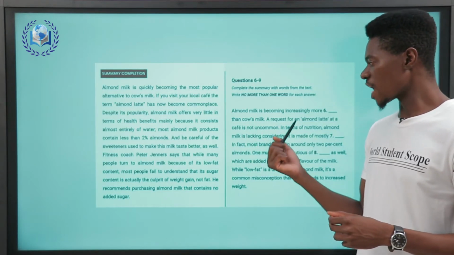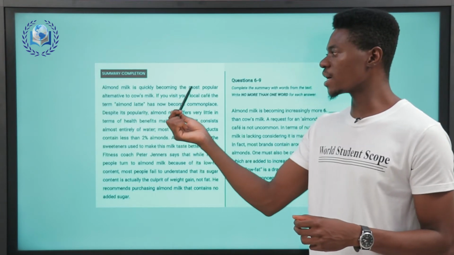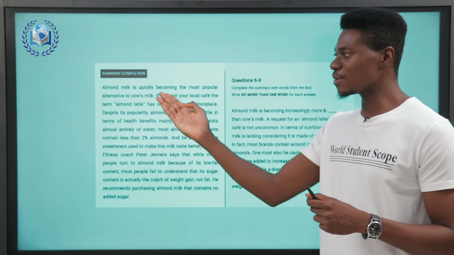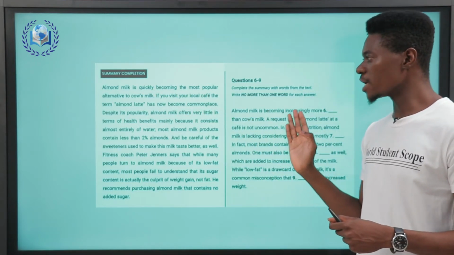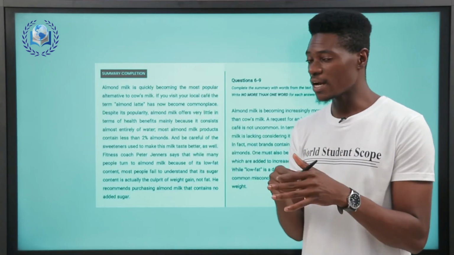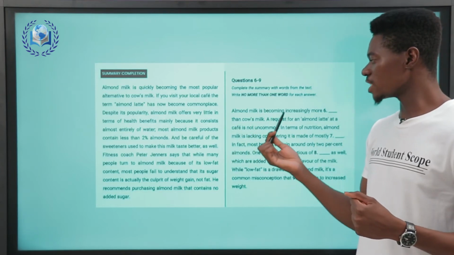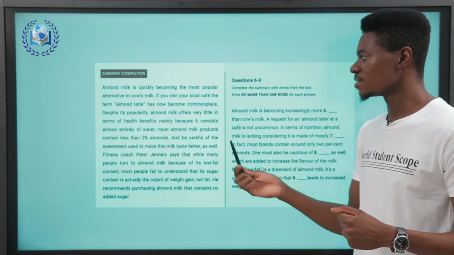Almond milk is becoming increasingly more. Almond milk is quickly becoming the most popular. Okay? So it's the same thing. Almond milk, we have almond milk. Is becoming increasingly, is quickly becoming. Same thing, but it has been summarized. So almond milk is becoming increasingly more dash than cow's milk.